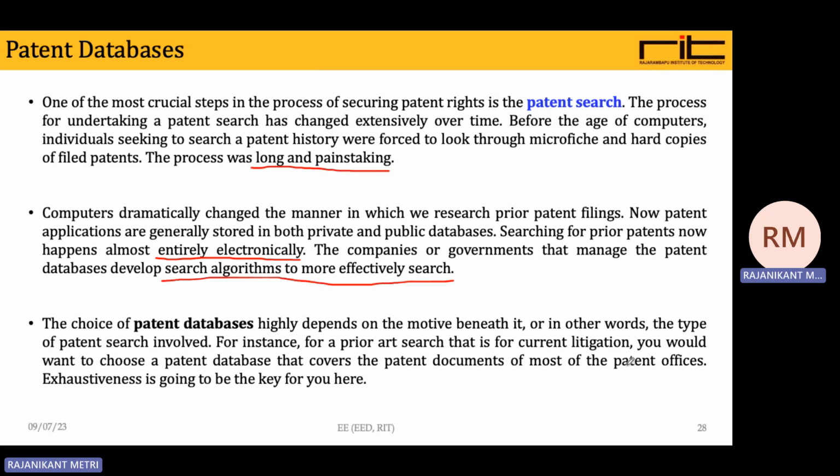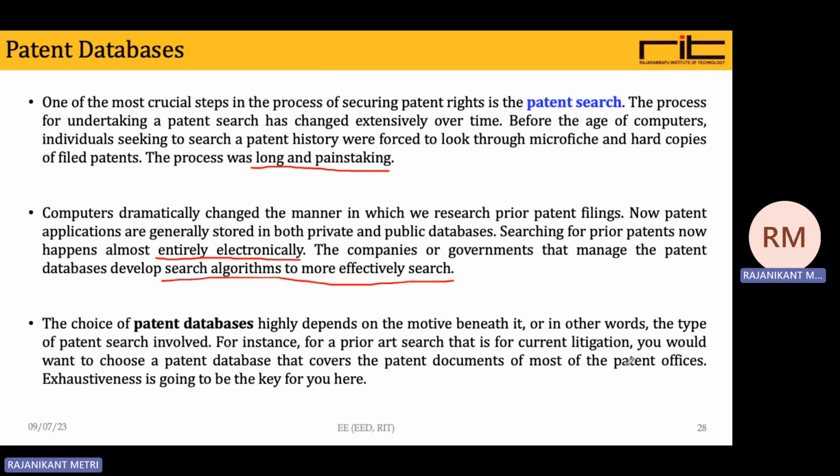Exhaustiveness is going to be the key for you. If a topic is related to materials used in batteries, then it is specific to batteries or materials. And if it is a general topic, then one needs to do an exhaustive search.